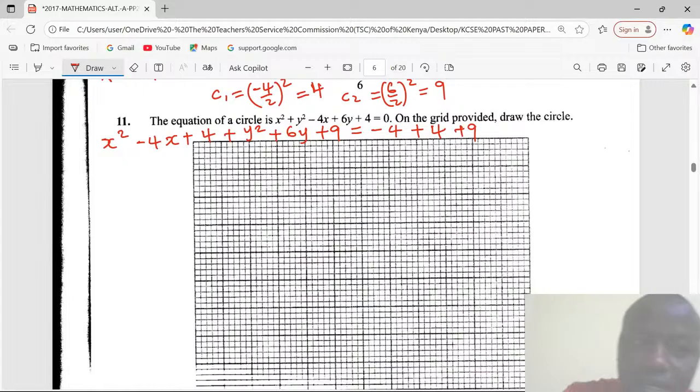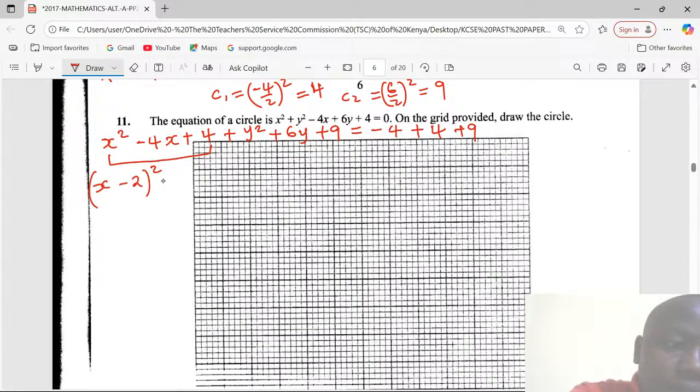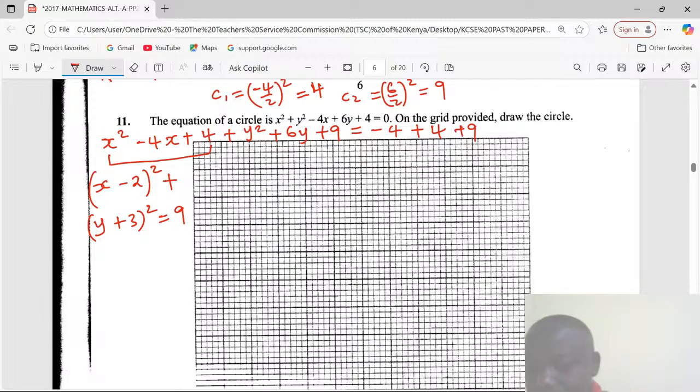So you see, I'm going now to factorize. The perfect squares are factorized as x minus 2 squared plus y plus 3 squared equals 9.